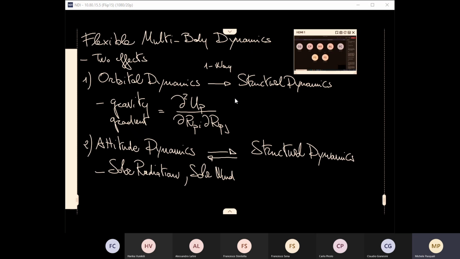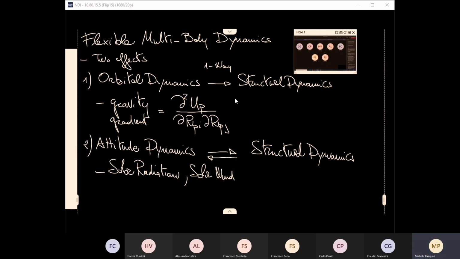So in this case, the attitude dynamics, the orientation of your overall spacecraft, can influence the structural dynamics, inducing a state of thermal stresses, for example. But again, if the structure is big enough, and we will see what this means, you will have a deformation of the structure due to thermal effects that can also influence the dynamics.